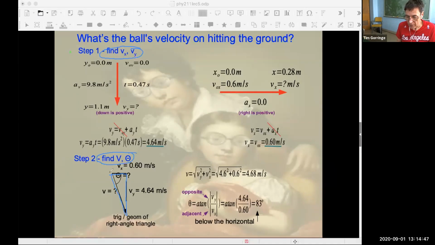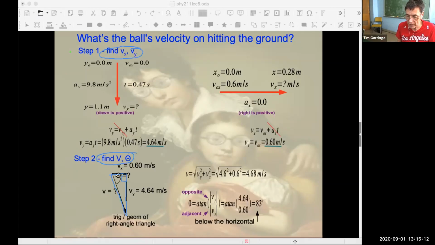And then the hypotenuse here, opposite the right angle sitting in this corner, that's the velocity vector itself. And so if we know the adjacent and the opposite of the triangle, we can figure the hypotenuse of the triangle, its length and its angle, its direction here.